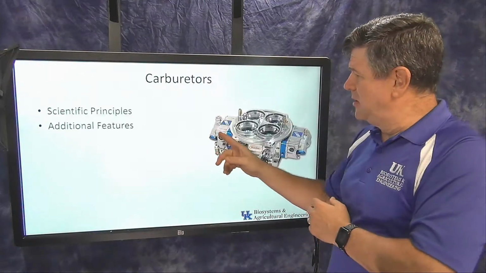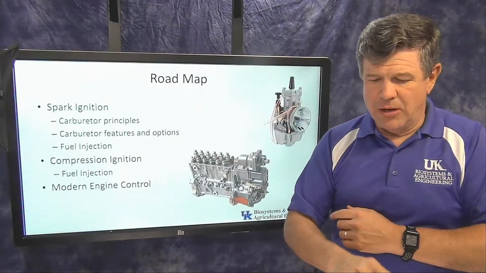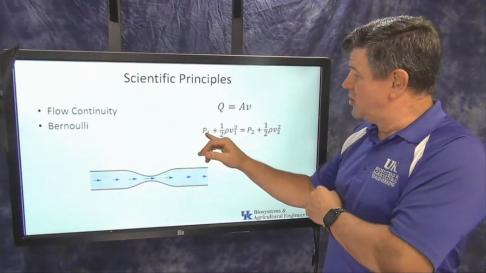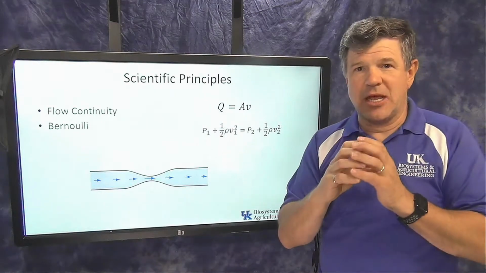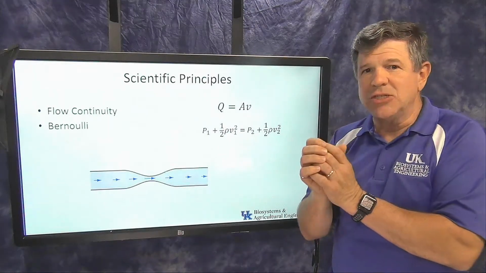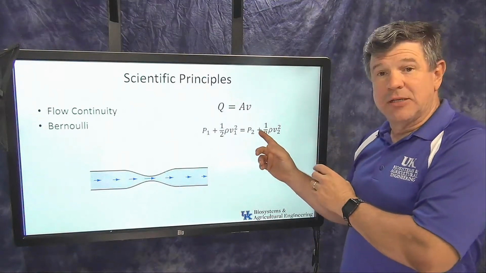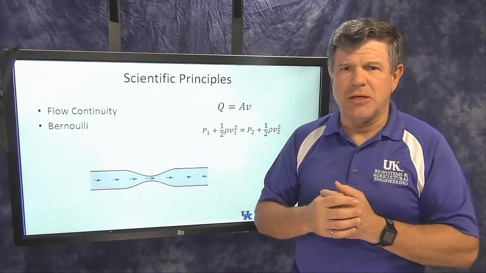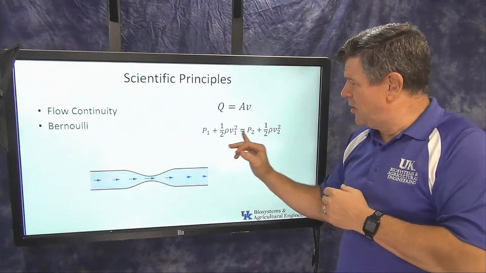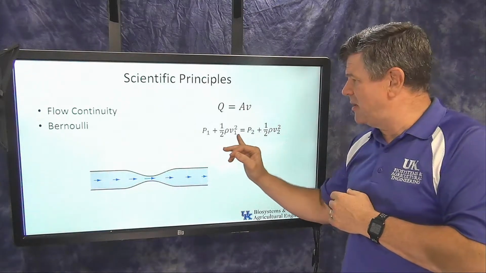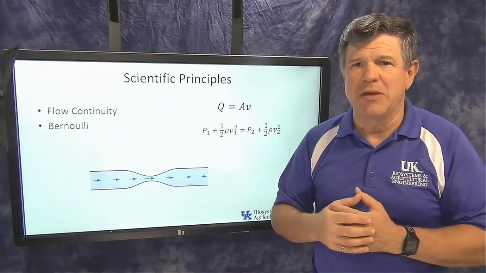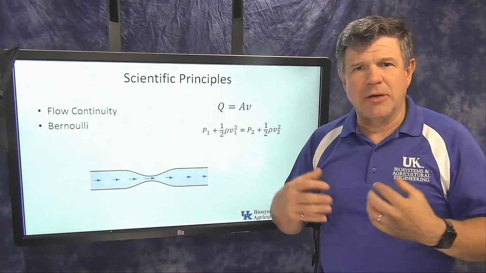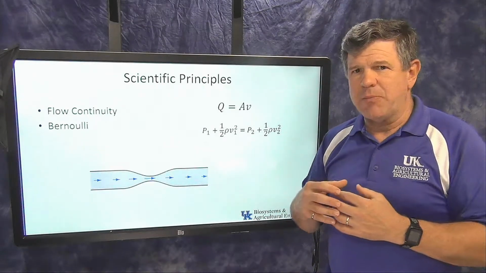So what that means is that the pressure in the pipe and the velocity at one place in the pipe, if I change the velocity with the same amount of material going through, it tells me that the pressure is probably going to be changing as well. Now, we also know that there's a little bit of a density relationship in there, and we could dig really deep into this mathematically, but I just want to understand the basic principle of what happens.